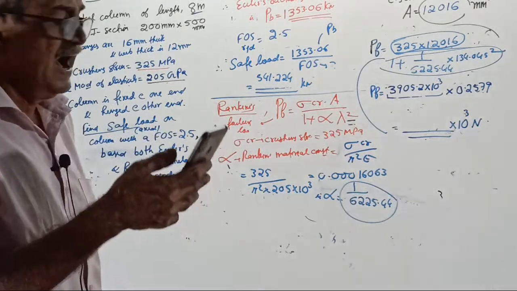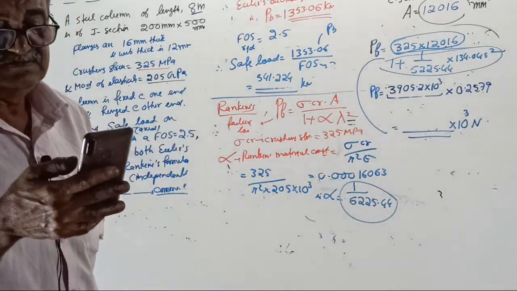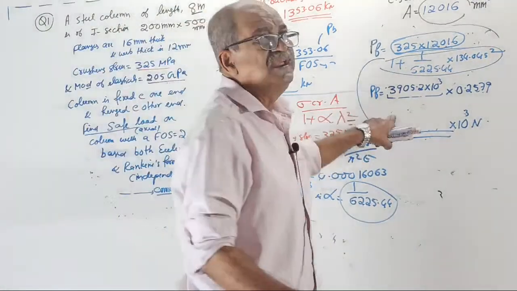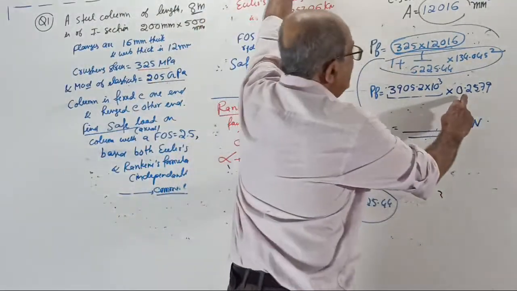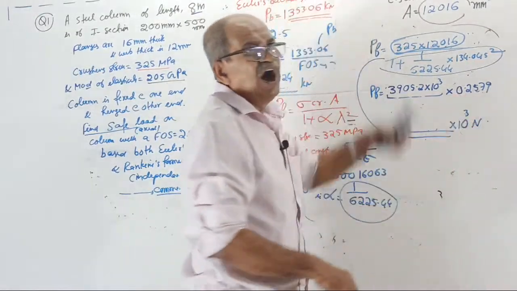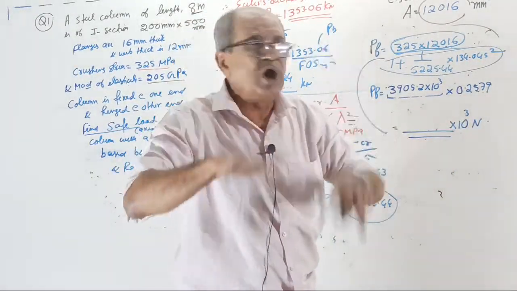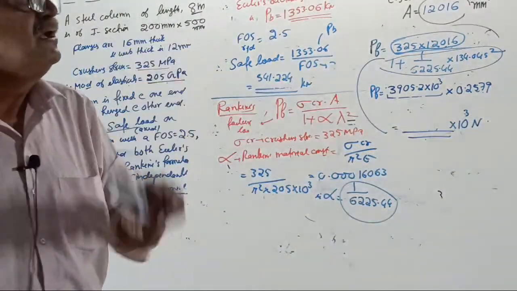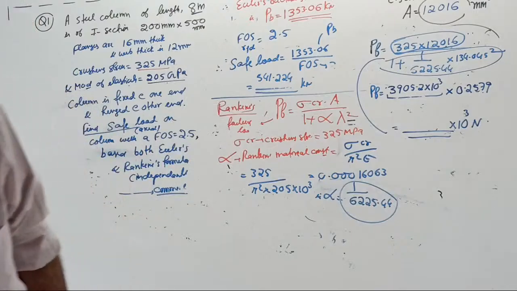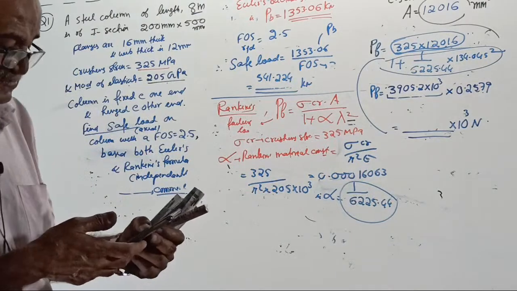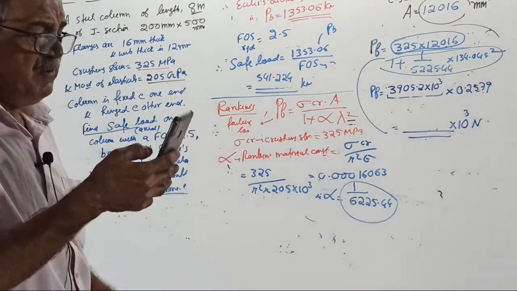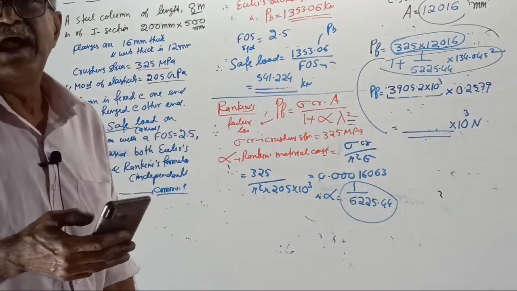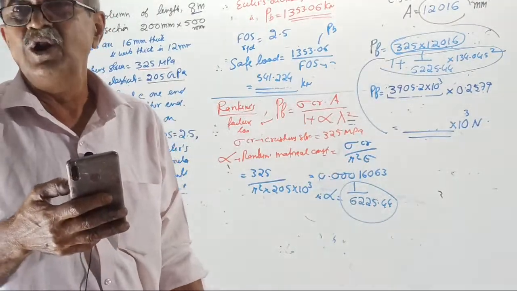It is sigma CR into A. It is the crushing load. If the column is really short, this number will come. That you should write, those who are serious. If the column is very short, that factor would have come as 1, which means the failure load will be the crushing load only.